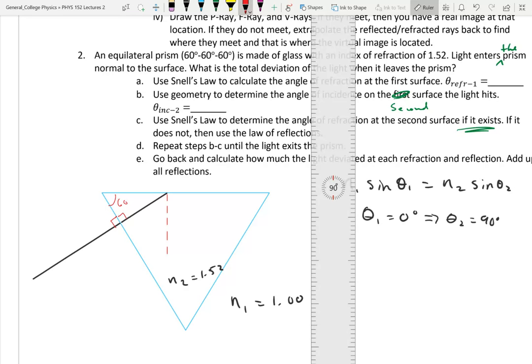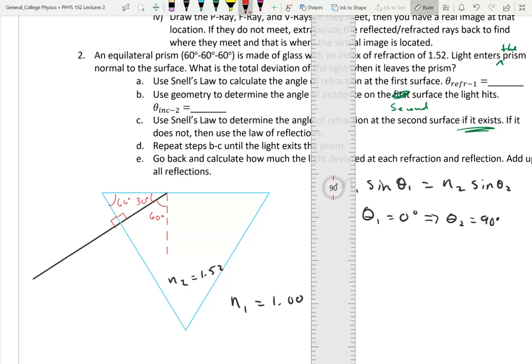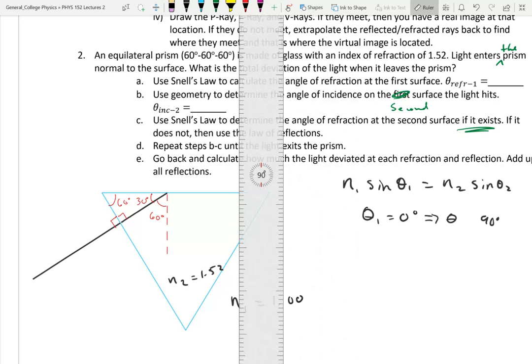So if this is 90 and that's 60, then this must be 30 degrees. And if that's 30 degrees, then this must be 60 degrees. And then you have to ask yourself which one of these is the incident angle. The incident angle is the angle between the surface normal, that dashed line, and the incident ray. So I'm going to have theta, oh, that should have been theta 1 prime. Theta 1 prime is equal to 60 degrees.